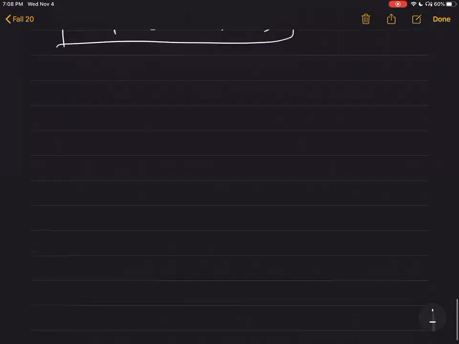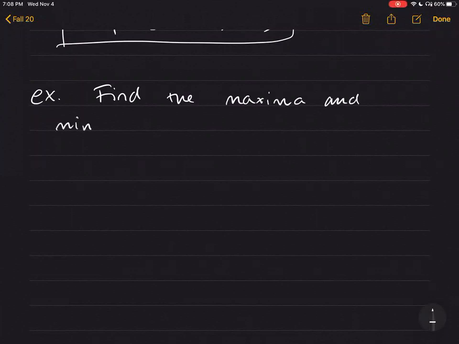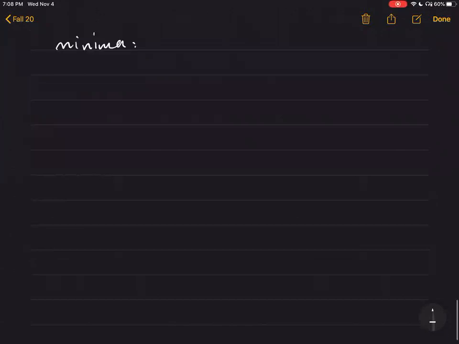I want to do one more example of finding maxima and minima, because I noticed some things on the homework that I wanted to address.